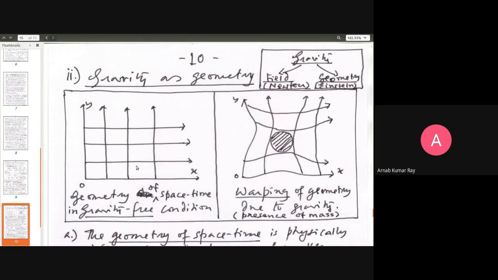Geometry is something that exists only in your mind. It's a mental construct. Right now, you are sitting in your room, I expect, and your room is very likely cubical or cuboidal in shape.